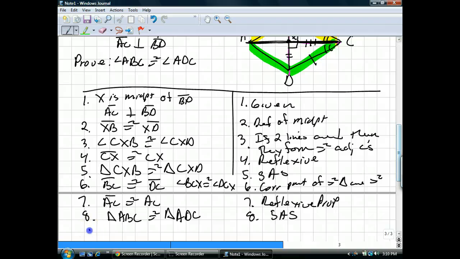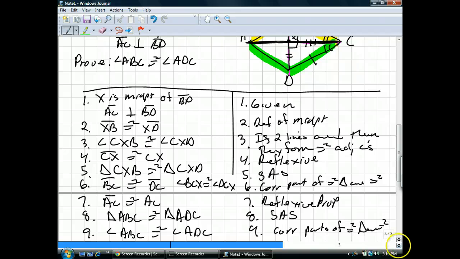So therefore, angle ABC has to be congruent to angle ADC. Again, by corresponding parts of congruent triangles are congruent. All right, let's do one more.